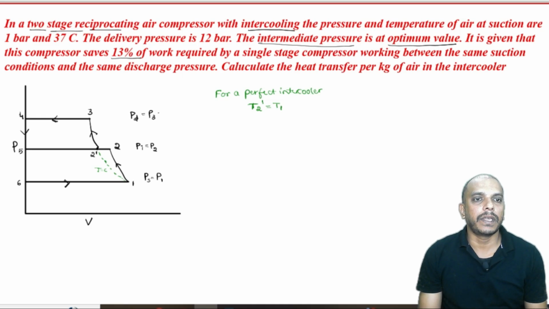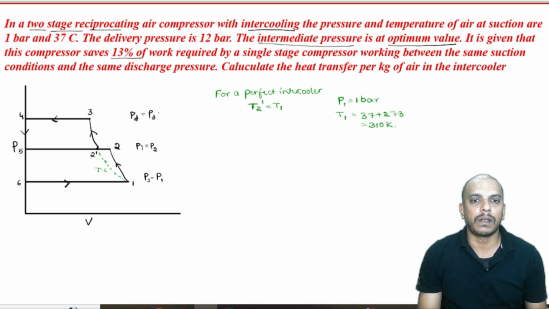Pressure and temperature of air at suction are given 1 bar and 37 degrees Celsius. So, P1 is 1 bar and T1 is given as 37. Let us convert it to Kelvin. 37 plus 273 is 310 Kelvin.